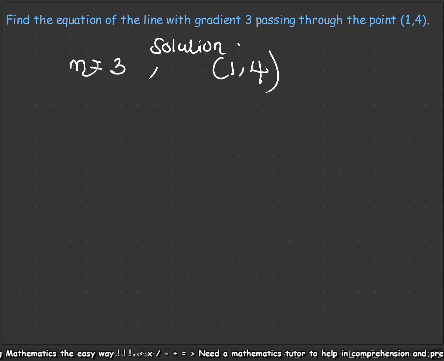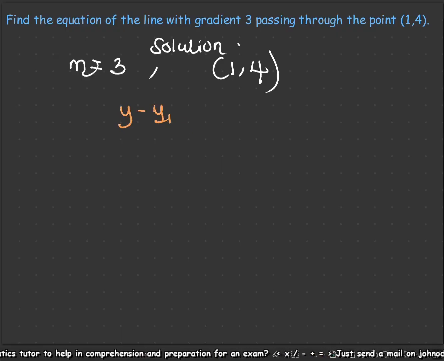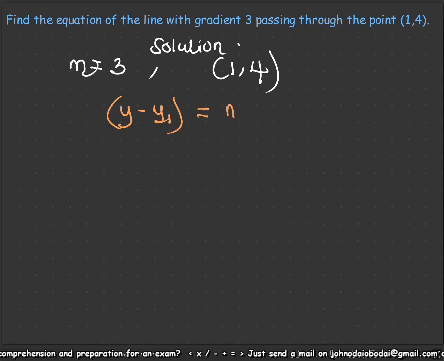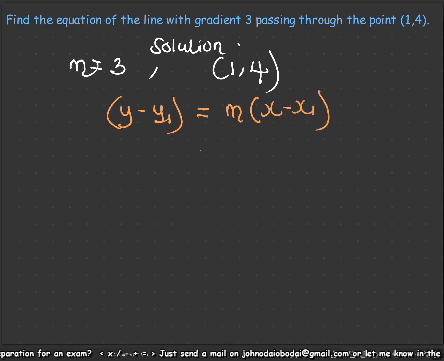And in our previous slide, we said if you are given the gradient and a point, then you can easily use the formula y minus y1 being equal to m into bracket x minus x1.